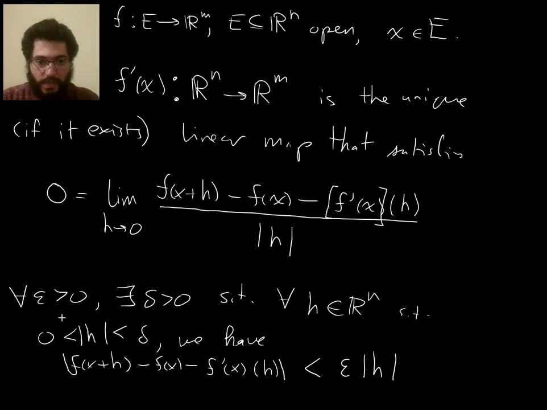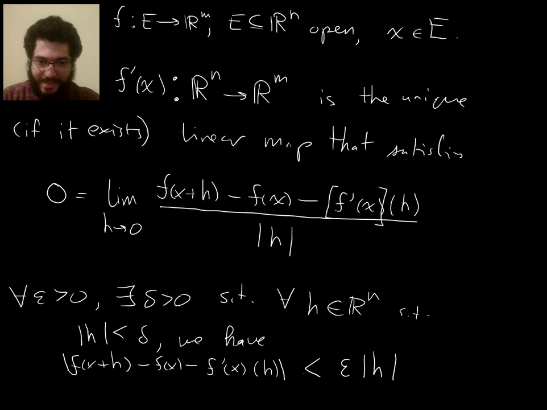And when you say it this way, one convenient thing is that you don't have to worry about the case h equals 0. Normally you have to worry about that because you'd be dividing by 0, right? But now that I've multiplied both sides by norm h, I can allow h to equal 0 and just acknowledge that that's a trivial case. It doesn't change the definition if I allow h equals 0, because h equals 0 makes the right-hand side 0 and the left-hand side 0.